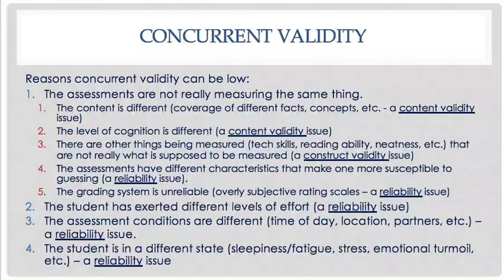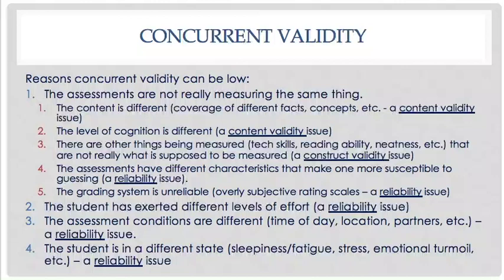It can be a construct validity issue, and we haven't gotten to construct validity yet, but this idea that I'm measuring other things, like say I'm trying to measure math ability, but I'm also integrating your ability to use tech, your reading ability, how neatly you write, and so on. And therefore, I'm doing that on one test. It's not being done on the other test. So of course I'm going to get different results because I'm measuring different things.